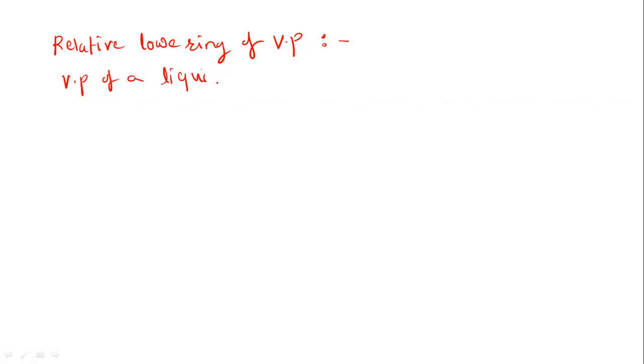Here we are going to discuss the relative lowering of vapor pressure. We know that the vapor pressure of a liquid is constant at constant temperature.